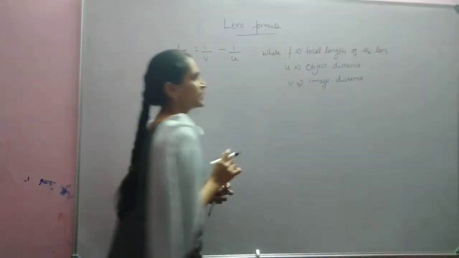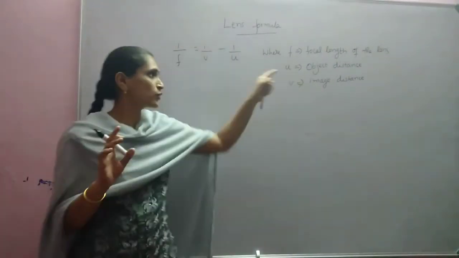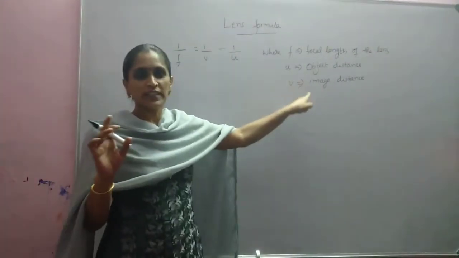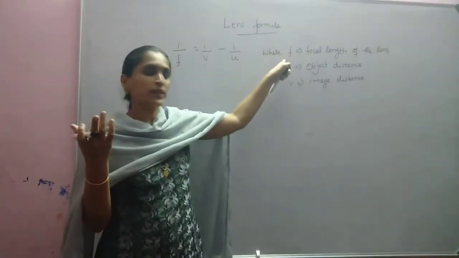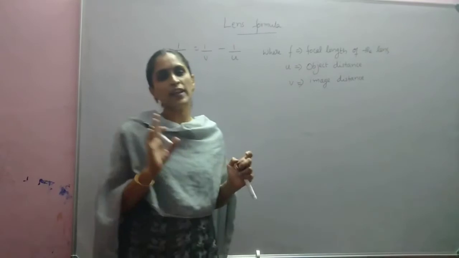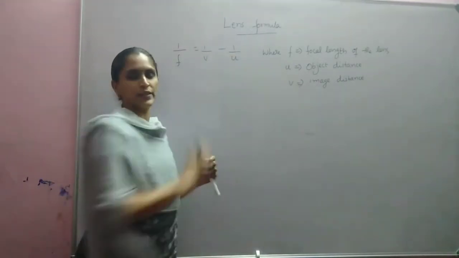U is the object distance and V is the image distance, similar to the mirror formula. There also we mentioned U is the object distance, V is the image distance, F is the focal length of the mirror; here F is the focal length of the lens. So this relation is known as the lens formula.